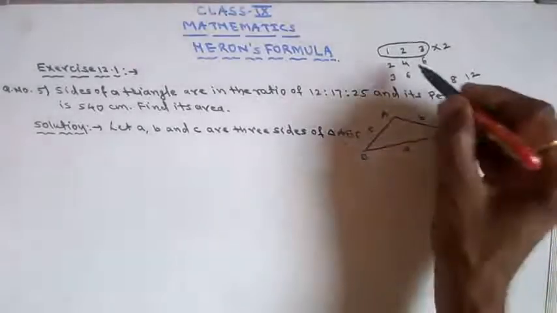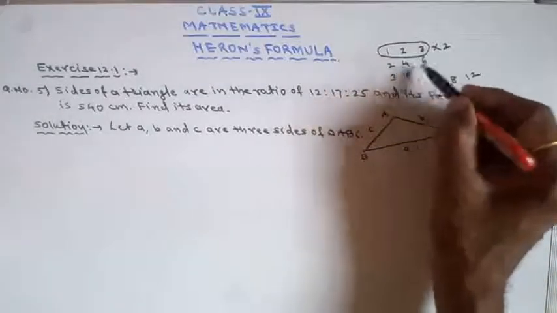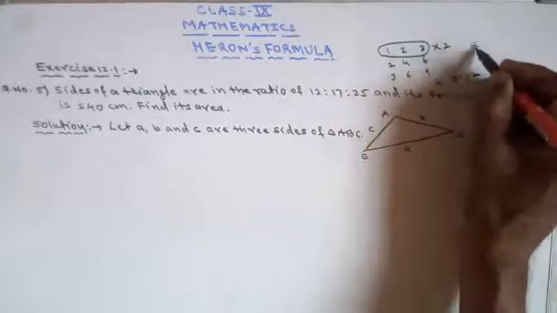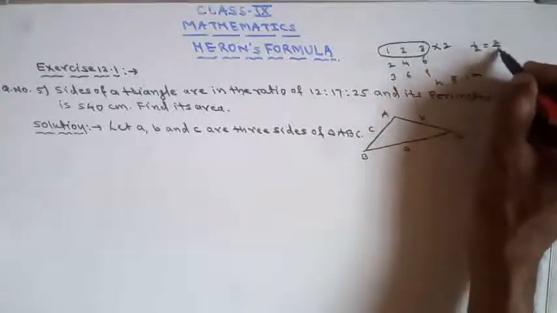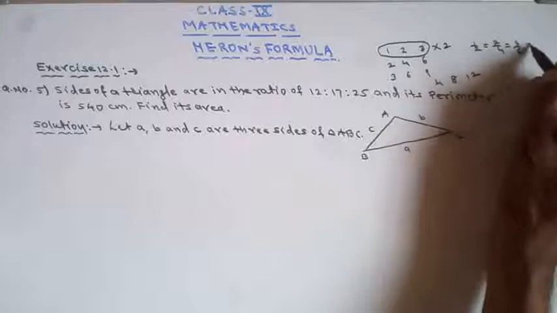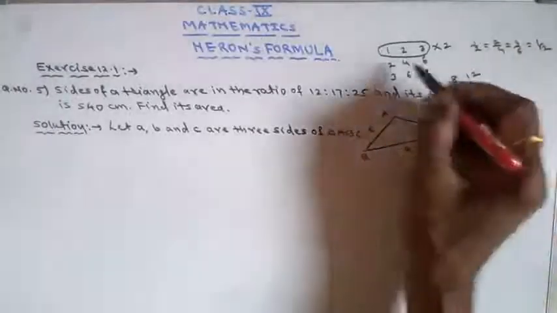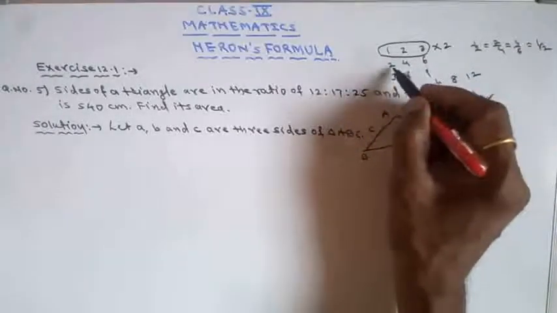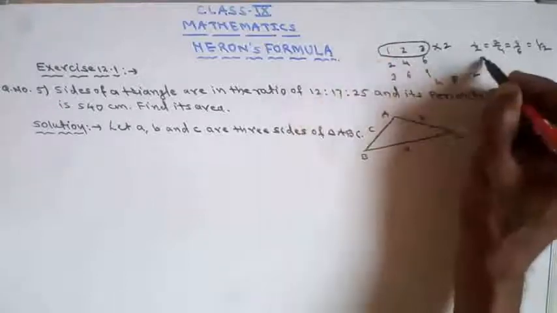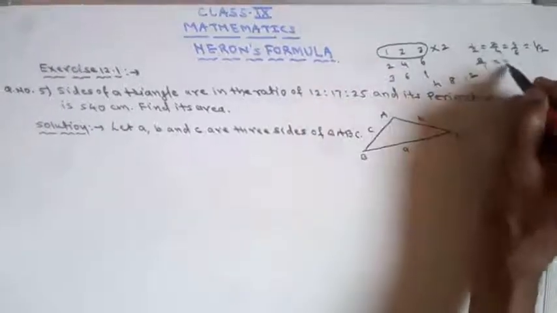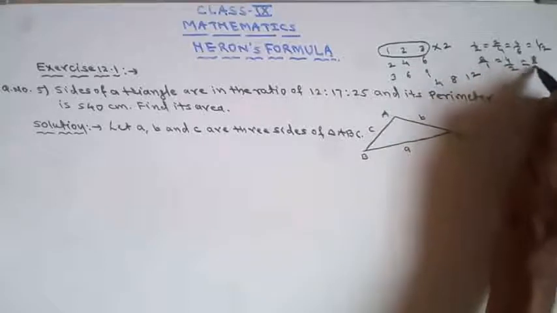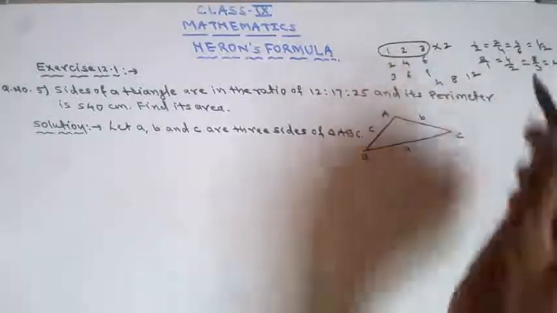There we see, if I multiply this 1, 2, 3 by 2, then 1 upon 2 equals 2 upon 4 equals 3 upon 6. I am getting 1 by 2. Or you can take 2 by 1, 4 by 2, 6 by 3. I am getting 2 because I have multiplied by 2.